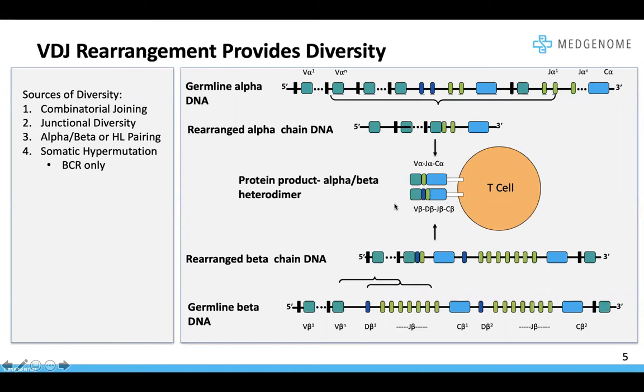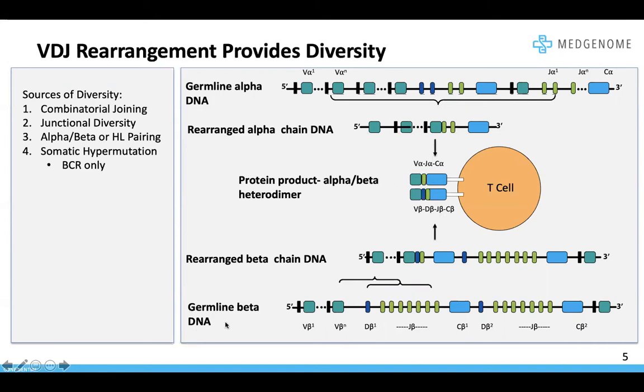Here's the alpha chain, the beta chain. And the first thing you probably notice is that the beta chain is made up of an additional segment compared to the alpha chain. There's the variable segment, the diversity segment, and the joining segment, so VDJ. There's also a constant region, which isn't super interesting, but it is there.